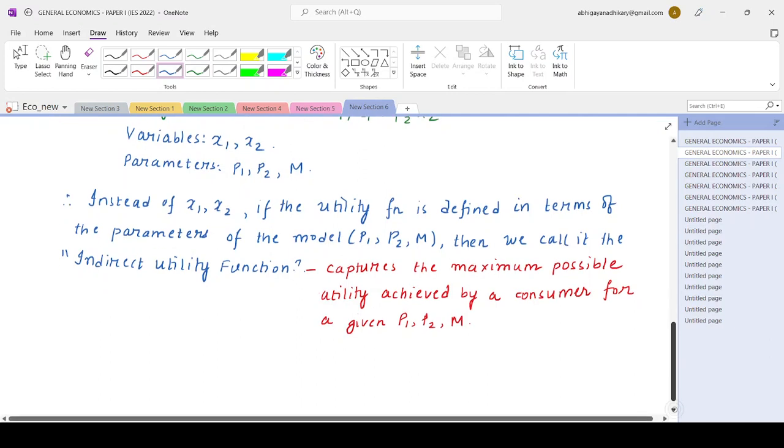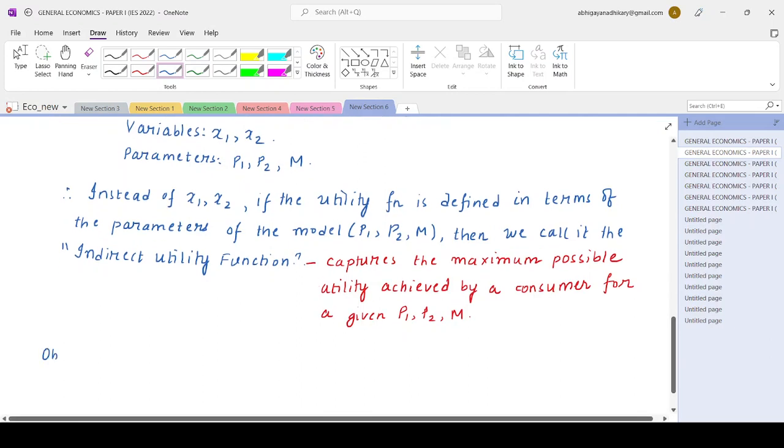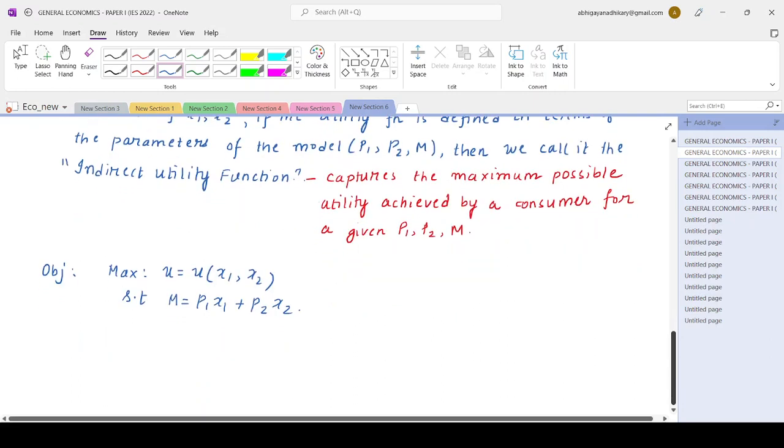So what is the objective of a consumer? The objective is to maximize the utility, which is a function of x1, x2, subject to the budget constraint, which is M equals P1 x1 plus P2 x2. Correct? And we know how we can optimize this.